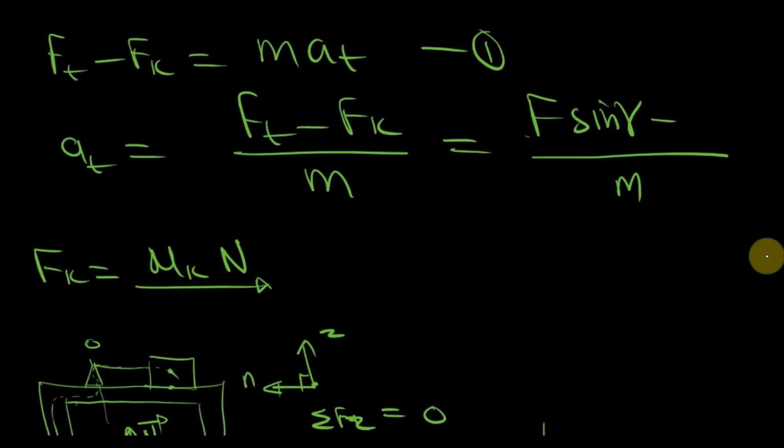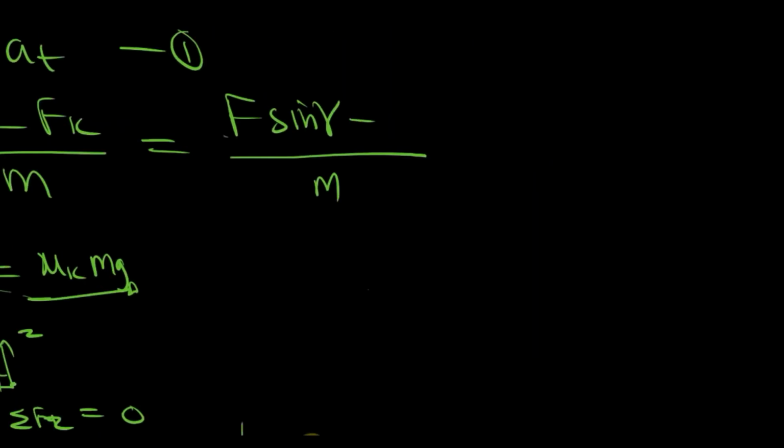That's our expression, which we will use in our equation up there. Where there's Fk, we'll use our found equation. So this further reduces to mu k multiplied by mg. Cool.